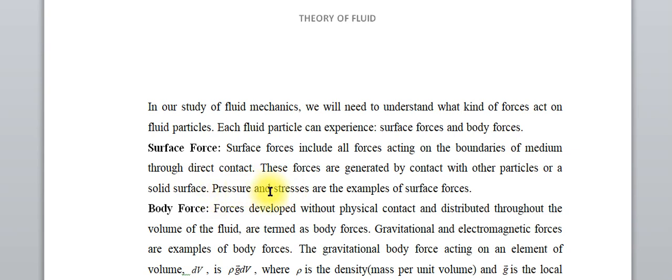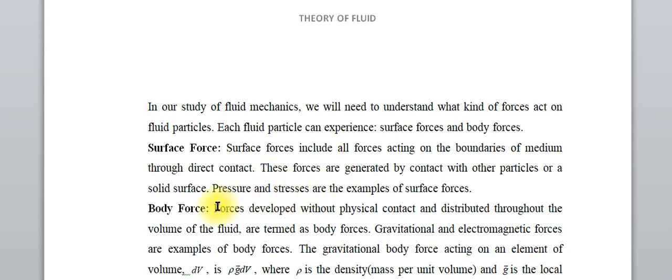And when the fluid starts to flow, then stresses are generated. So stresses develop while the fluid is moving. So these are the surface forces. These are very important because stresses are produced by them, and we will further discuss stresses.